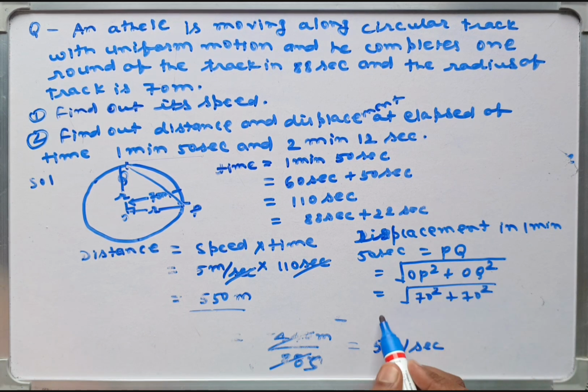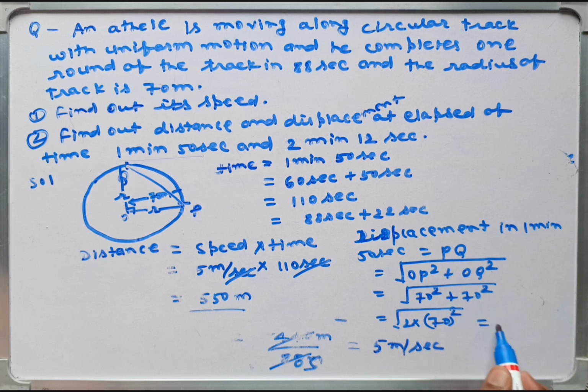Now you can also write here 70 whole square into 2. And you know we can take 70 out, and this is root 2.